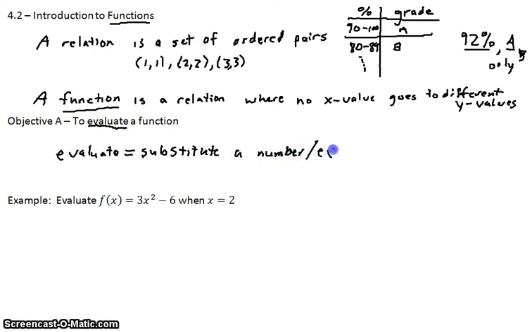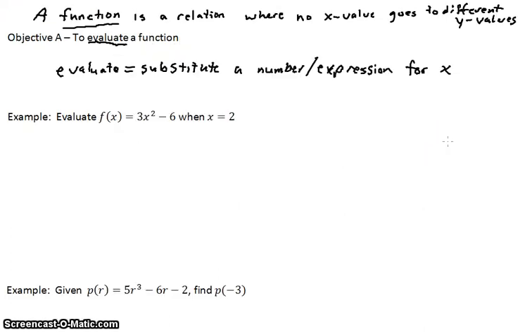But I'm going to put "expression" because we might do something else than just plug a number in. And you'll see a little bit later what I mean by that. Okay, so it says evaluate this for x, or when x equals 2.